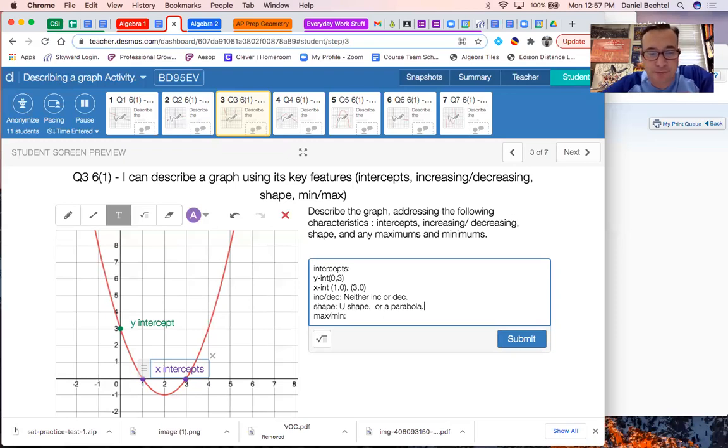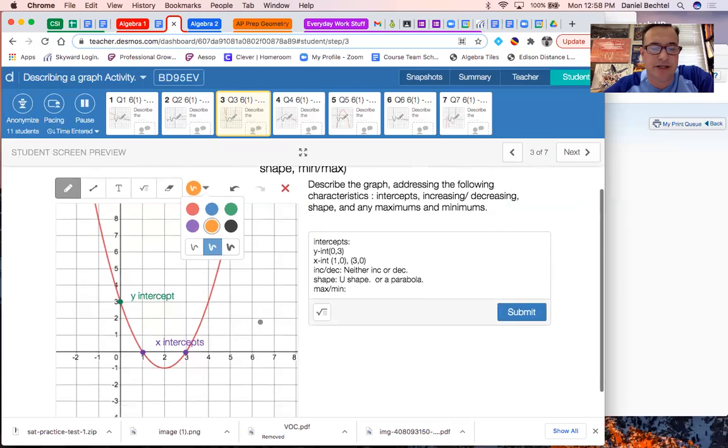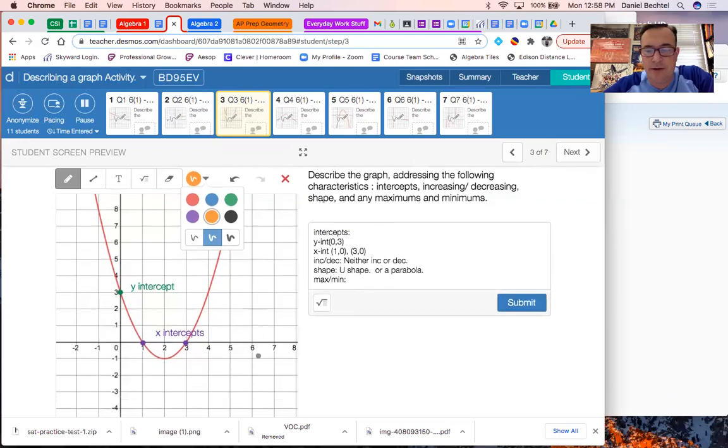Now, take a look at this and you tell me, does this have a maximum value or a minimum value as we look at this? Does this shape have a maximum or a minimum? Because I look, it goes down to a point and then it comes all the way back up.